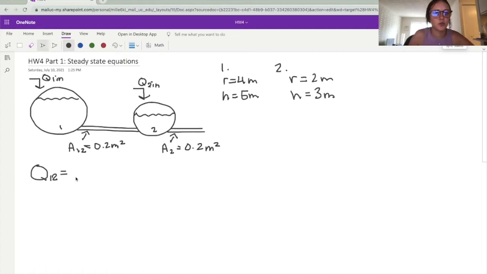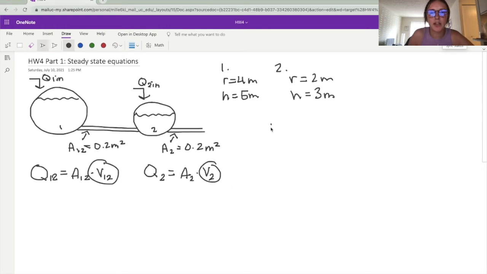Q12 we are going to set as A12, the area of the pipe, times the velocity V12 between these two. We are going to do the same for Q2, for this pipe: A2 times V2. What we want to find are these velocities.